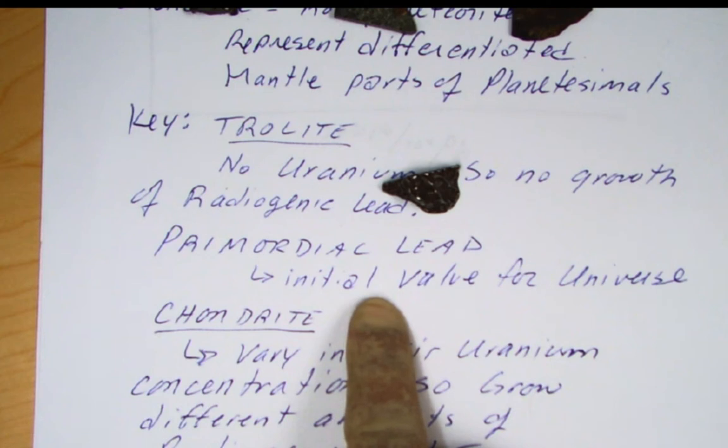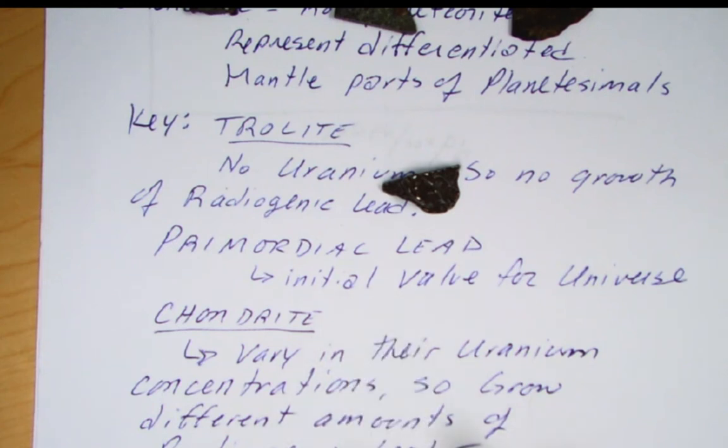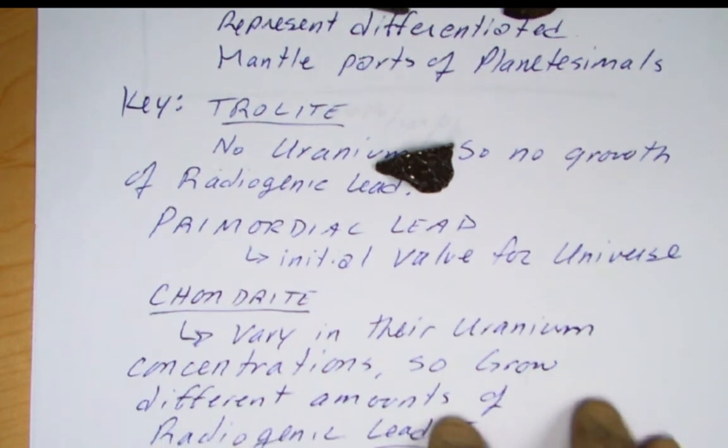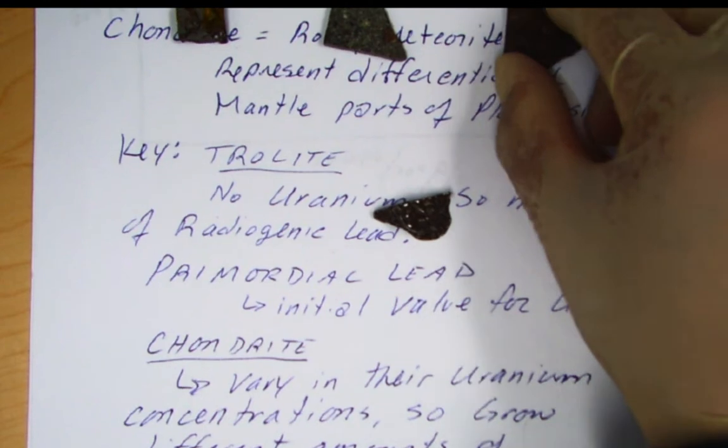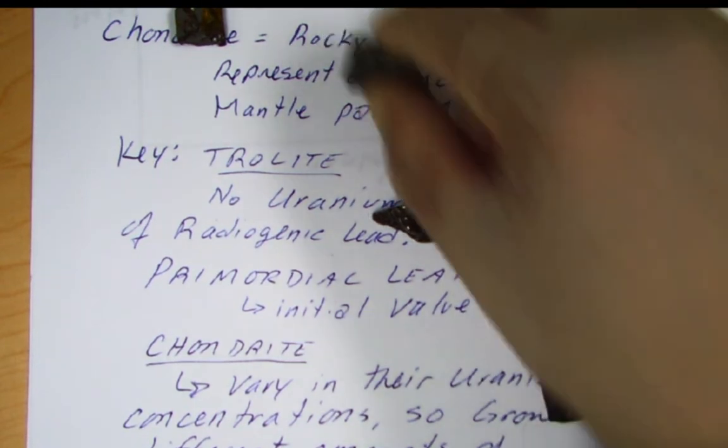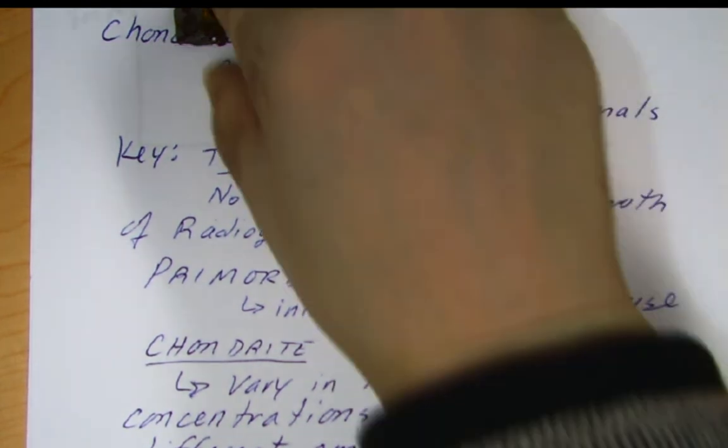It gives us a foundation, a starting point for lead in the solar system. Anything that deviates from that would have grown through the decay of uranium, because there are two isotopes of uranium that decay to lead. The chondrites, these rocky ones over here, vary in their uranium concentration.